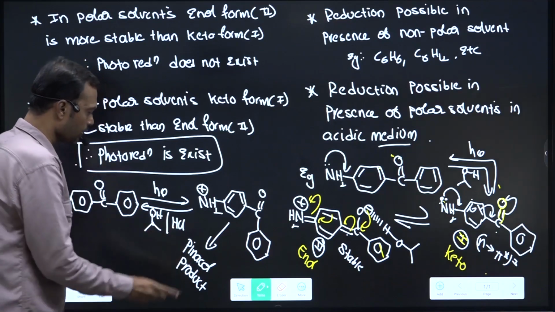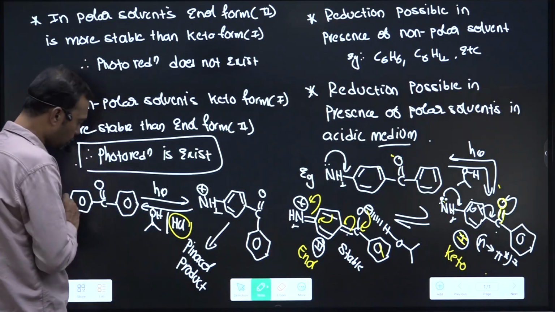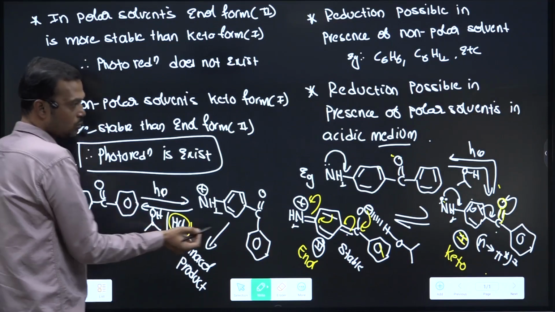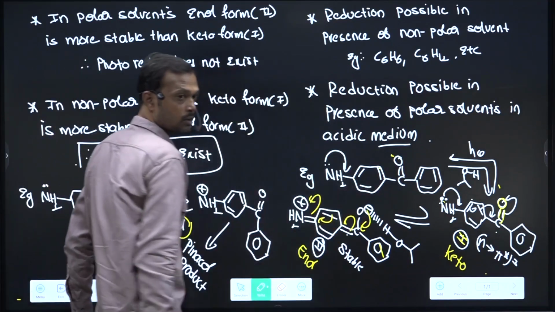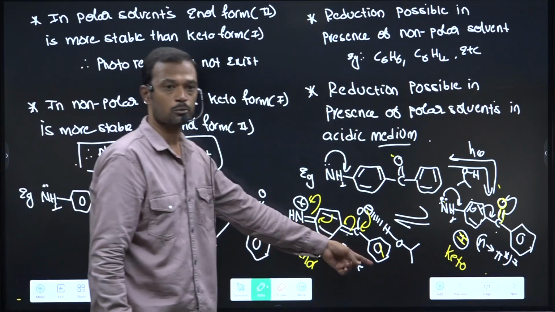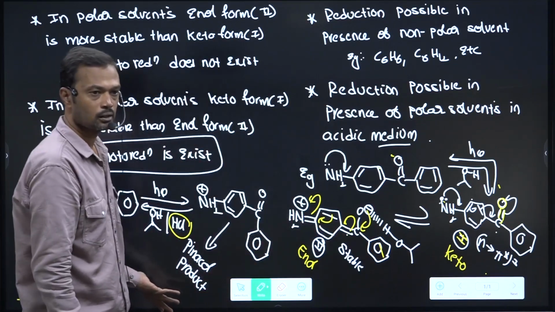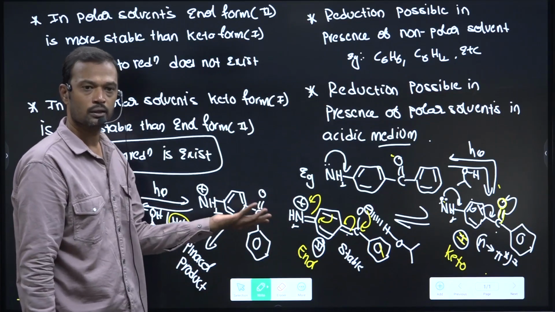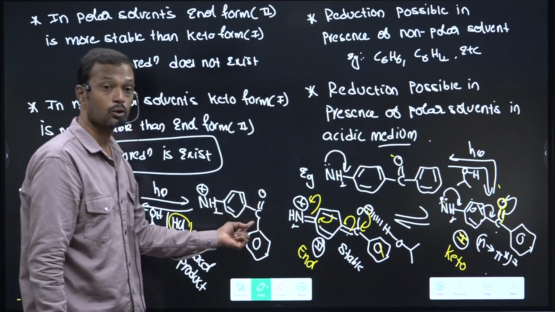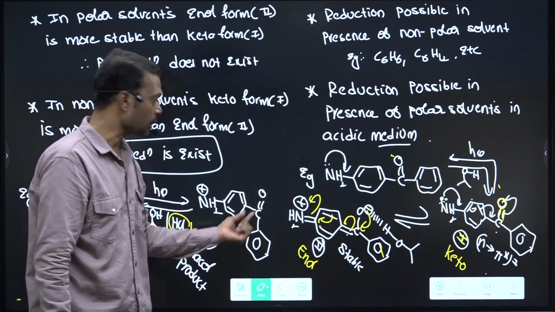When acid medium is given, then only reaction is possible. If acid medium is not given, normally the reaction does not exist because you will get a stable enol due to hydrogen bonding. First of all, here enol form is not possible. Then you will get only one form. What is that? Keto form. Keto form is actively involved in reduction. It becomes a pinacol form.